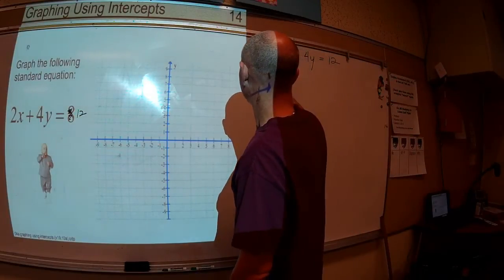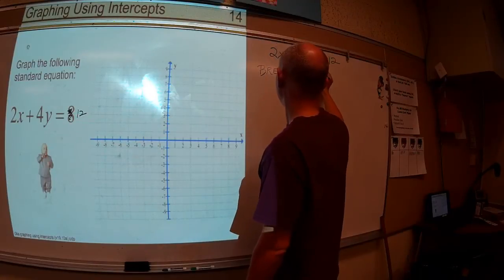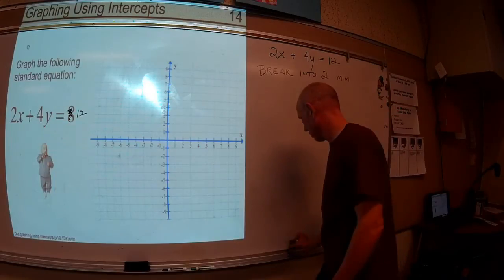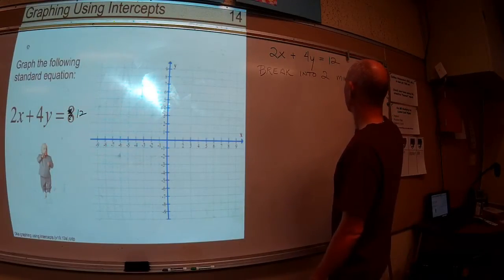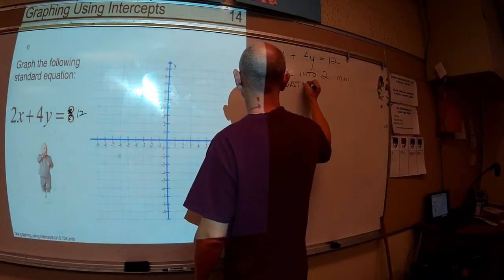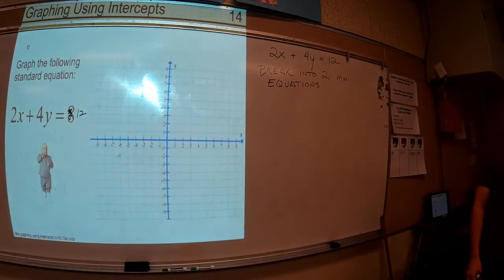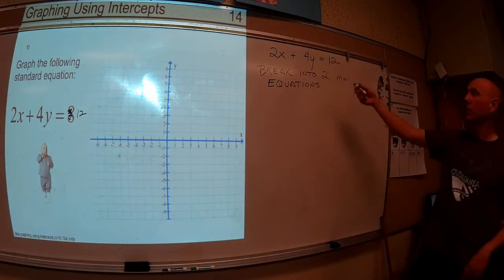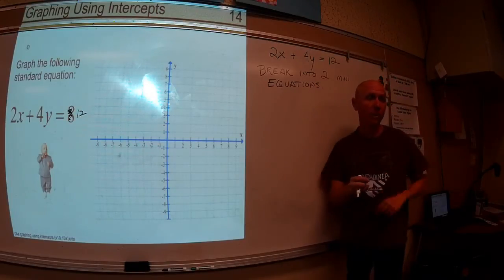Break into two mini equations. That doesn't make sense yet. I will make it make sense. This is all on the graph paper. So you wrote this on the graph paper, you're writing this on the graph paper. Everything's on the graph paper.